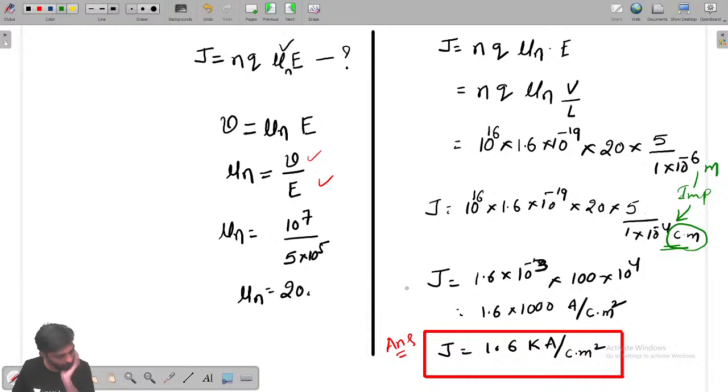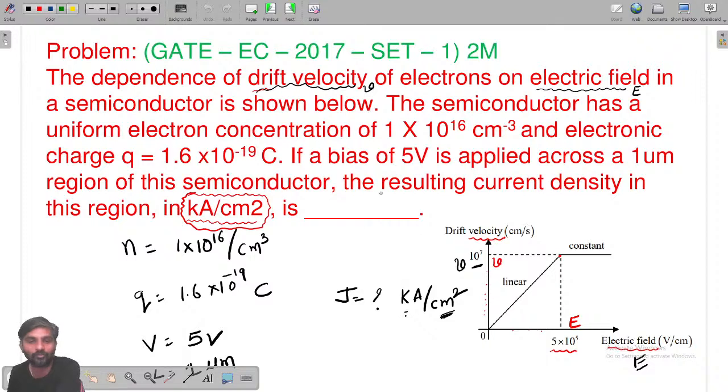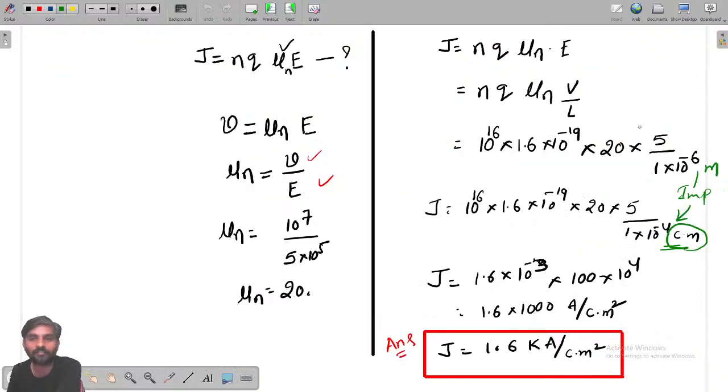Why did you not substitute the E value from the graph directly? See, E is given at 5 volts. Do you know where the 5 volts is? And the distance is 1 micrometer. Do you know where the 1 micrometer is? He is saying that this is a dependency. That is the reason why I did not substitute here.